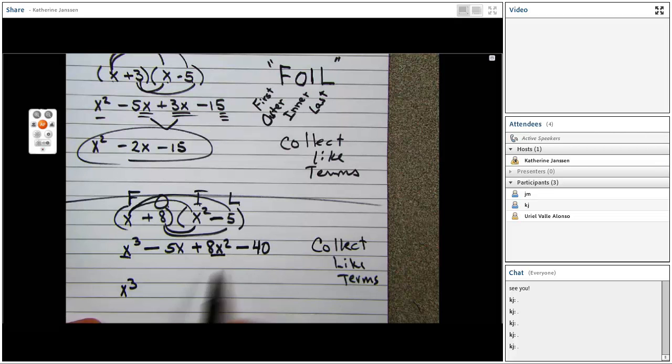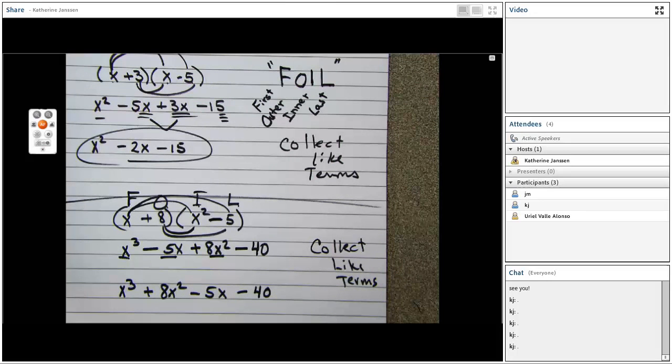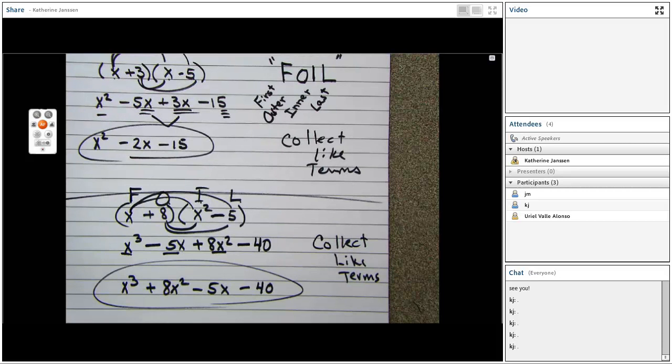X squared, x, and my constant. X cubed plus 8x squared minus 5x minus 40, with no like terms in this case to collect.